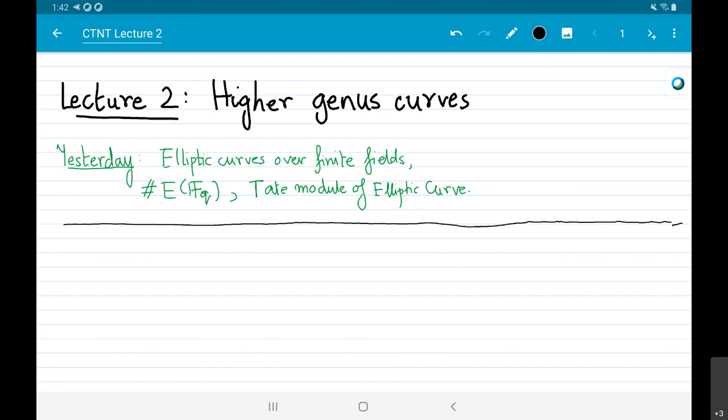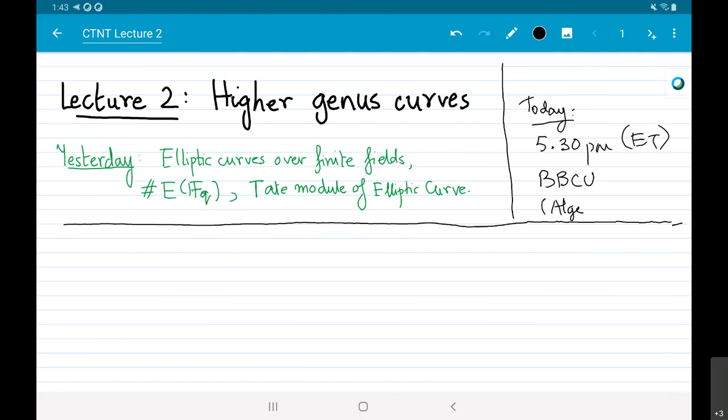The other thing that I was planning to do, and maybe it will be useful, I don't know: today, and maybe tomorrow as well, we'll see about tomorrow later, but today at 5:30 p.m. Eastern time, I will be in the Blackboard Collaborate room and I will answer algebraic geometry questions. Of course, if you have other questions, I'll also answer those.